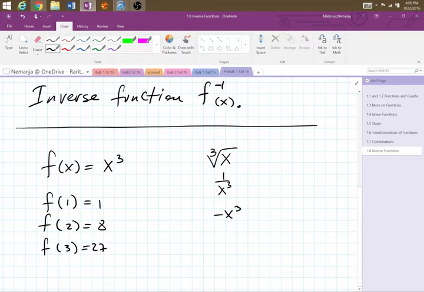Anything else? X to the power of 1 over 3. Is that what you said? Aha. You want the 1 over 3 over here. Like this? Okay. Anything else? So these are all possible answers.